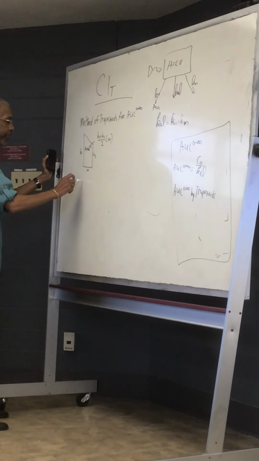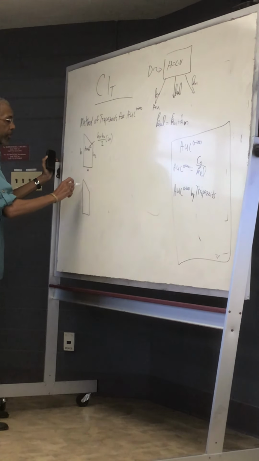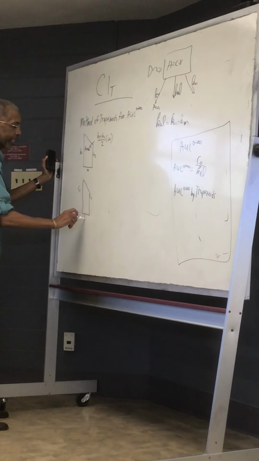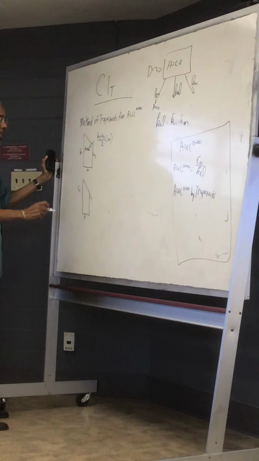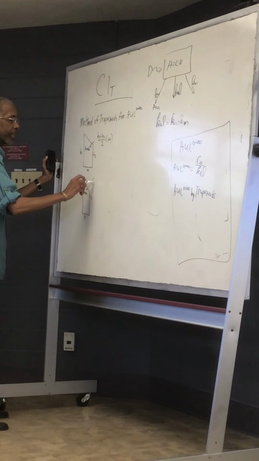So when we're doing it for the area under the curve, for each trapezoid I'm going to call this C1 and C2, and this is the time. So the area for each one of those trapezoids is equal to C1 plus C2.